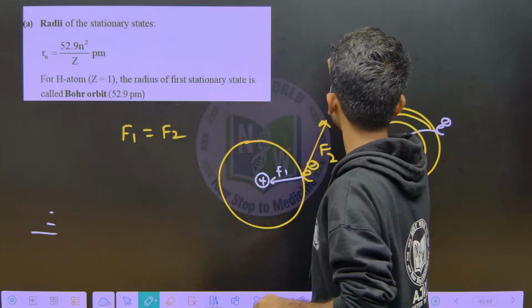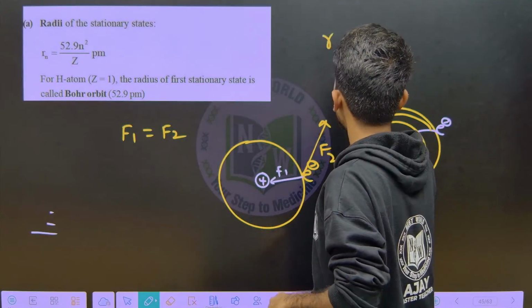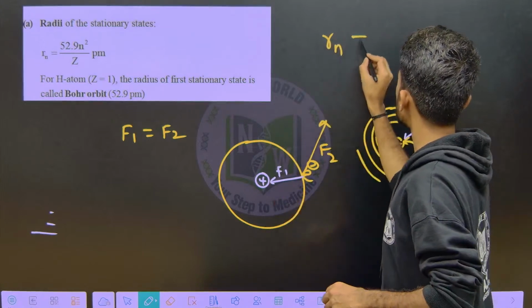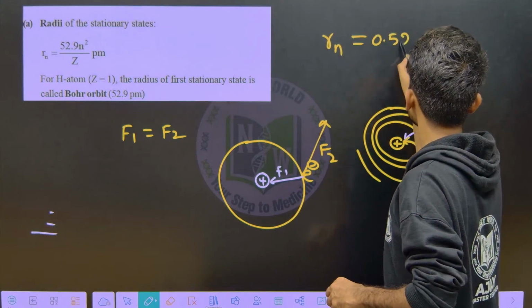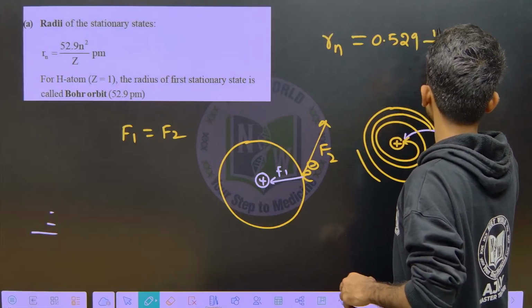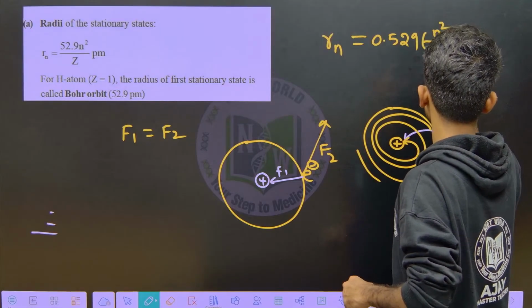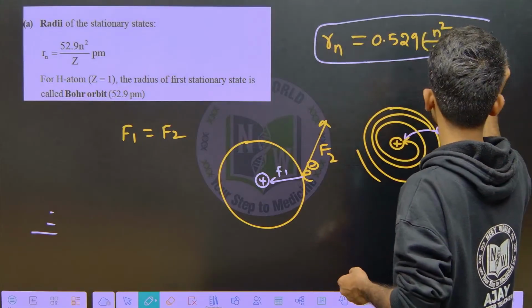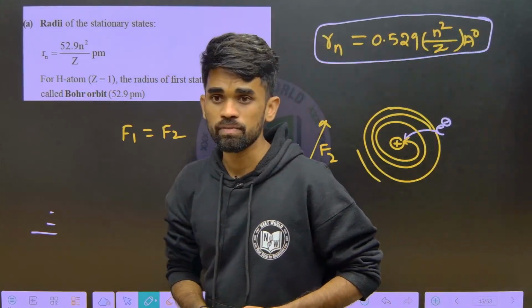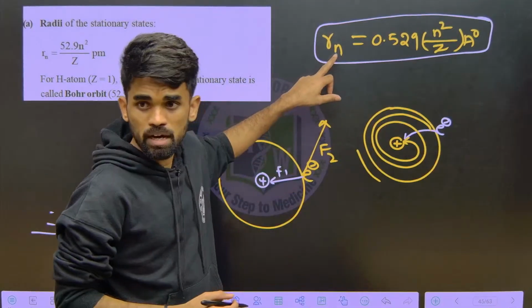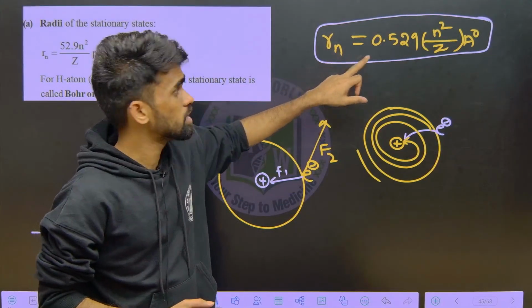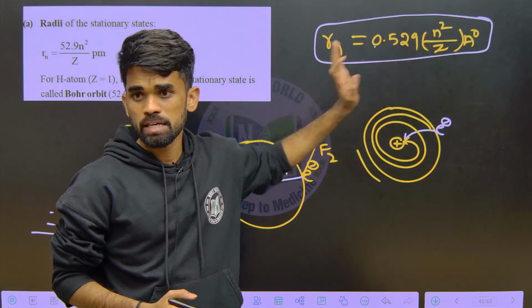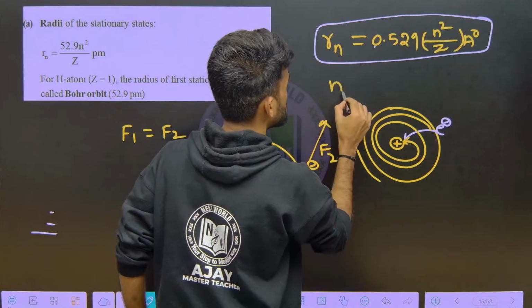So what he found is, the radius of the nth orbit, of an electron in the nth orbit, is equal to 0.529 n square by Z angstrom units. This is the formula you should remember. So the radius of the nth orbit of a hydrogen-like species is 0.529 n square by Z. What does this n indicate?